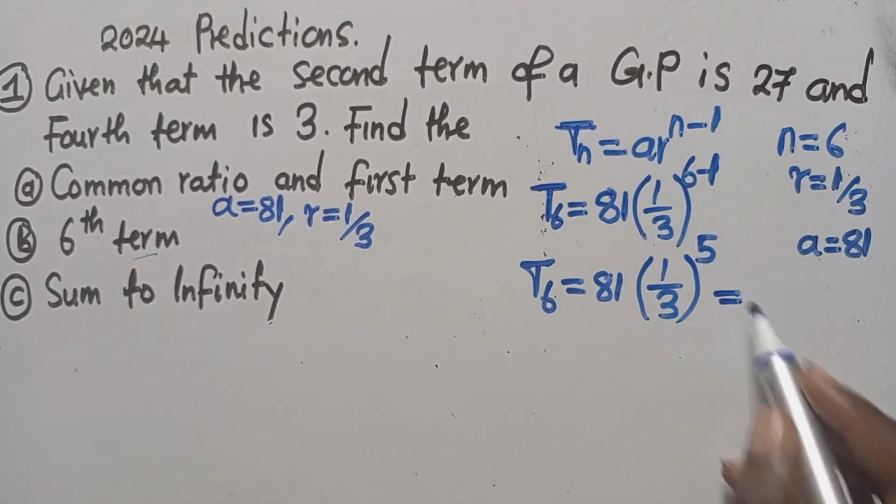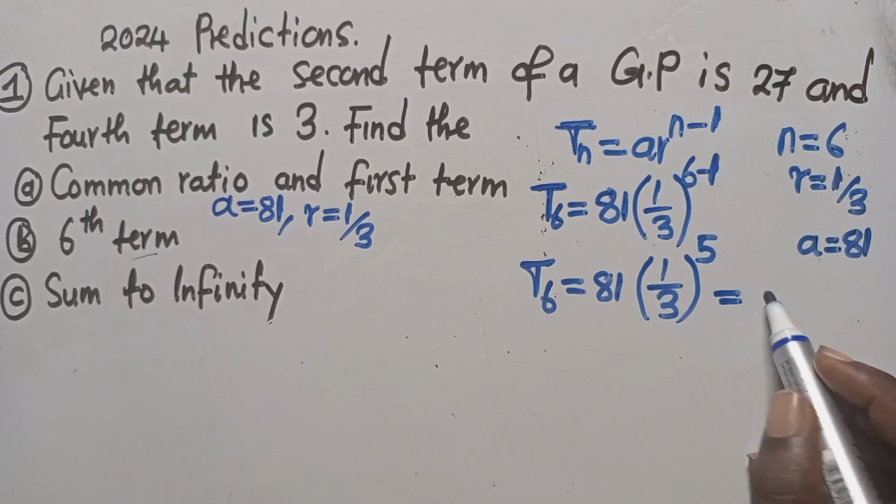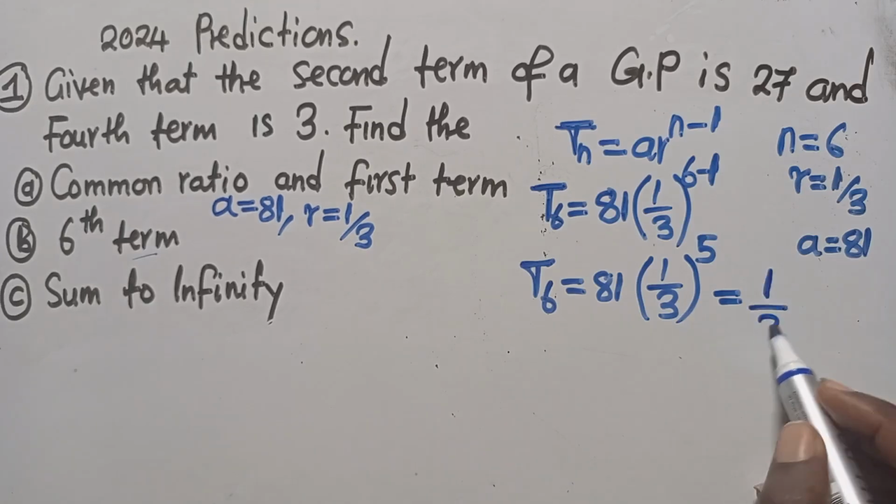What answer am I going to get there? You understand that this is paper 2, so you are allowed to use a calculator. So you say 81, open bracket, 1 over 3, close, then to the power 5. What answer are we going to have? The answer that we are going to have is 1 over 3.